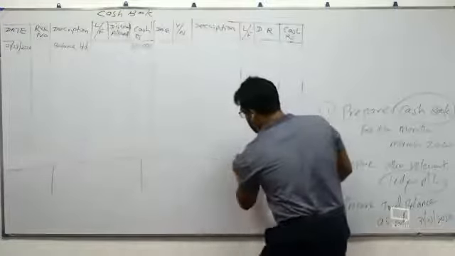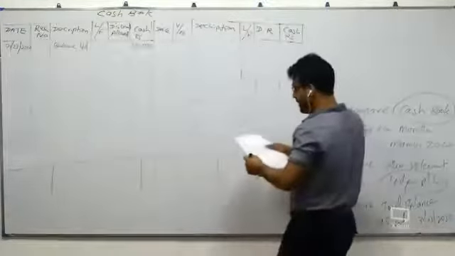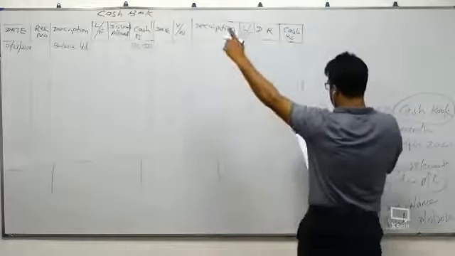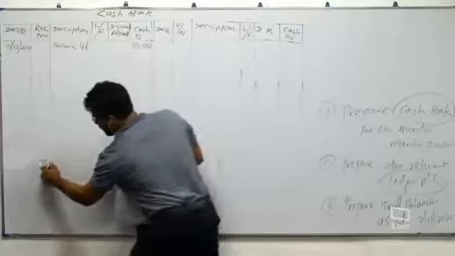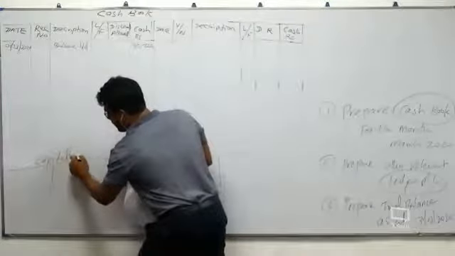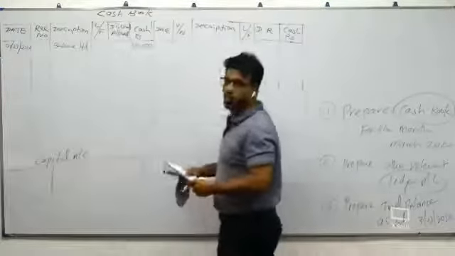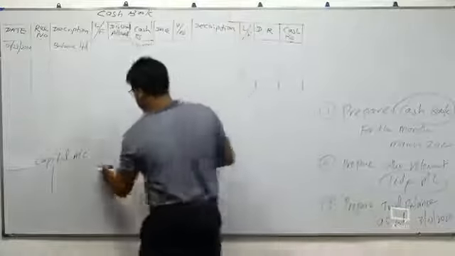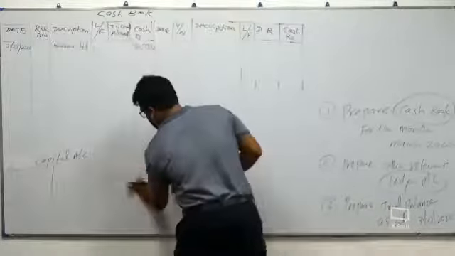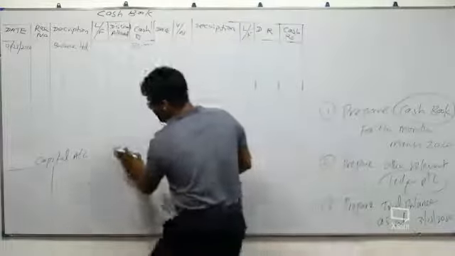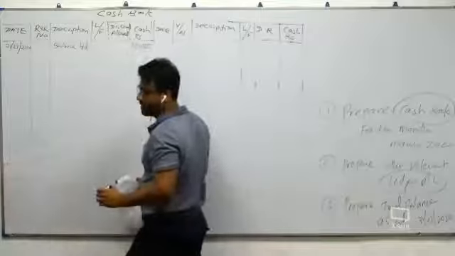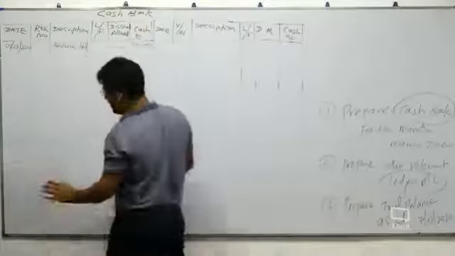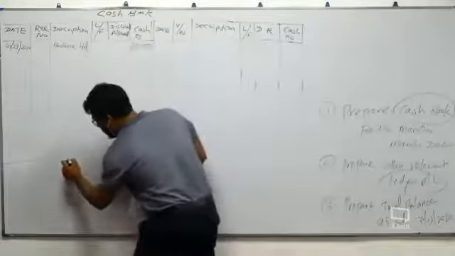They have given you a cash balance, we recorded it. So one is capital account. Like I said before, for exam purposes, only one type of account you should prepare in detail. Don't prepare all in detail.